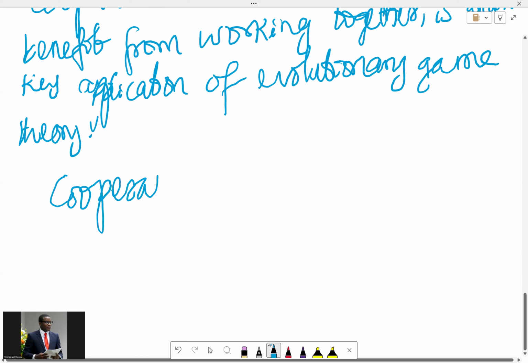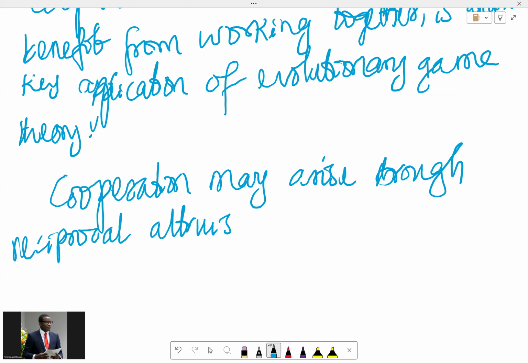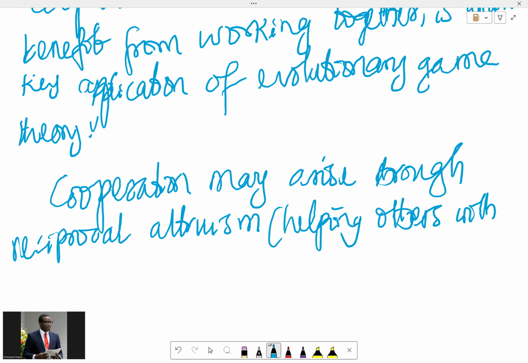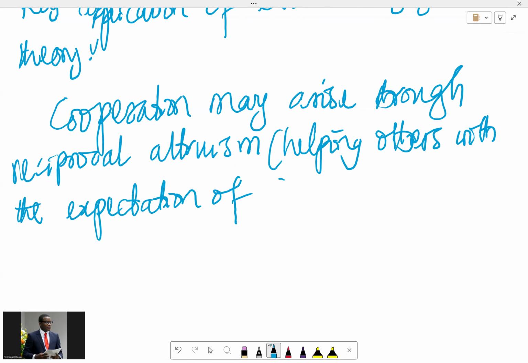Cooperation may arise through reciprocal altruism, that is helping others with the expectation of future help, or even kin selection, as mentioned before.